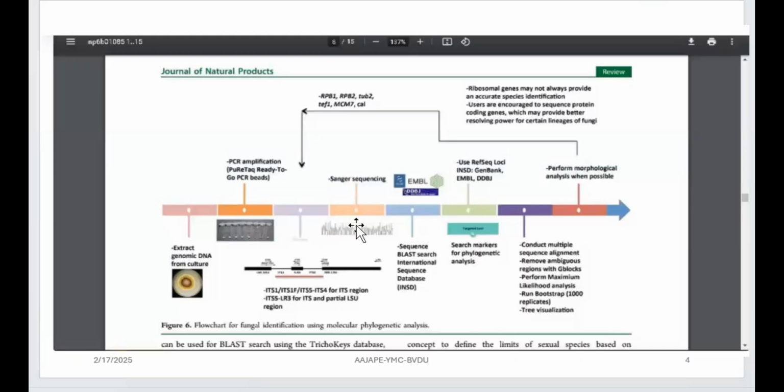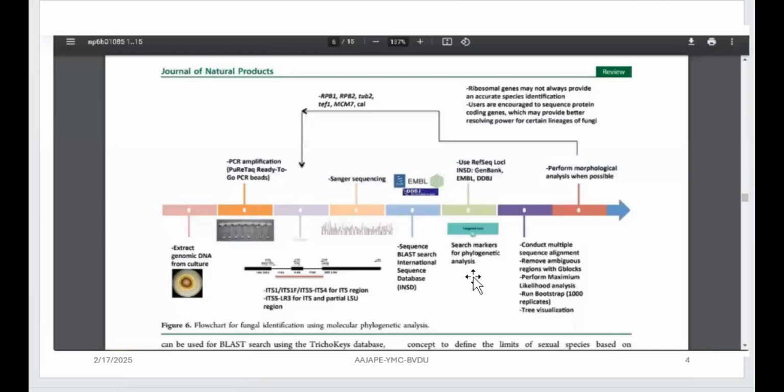Now these sequences are sequenced by Sanger sequencing method, right? And then sequence BLAST is done, with the help of universal or international sequence databases. They are used to find out what is the sequence present in these regions, and then a search match is going to be there, and then you are going to use search markers for phylogenetic analysis.